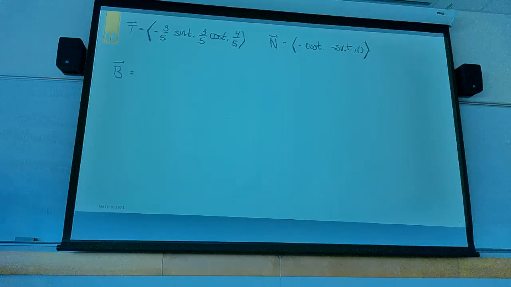Your binormal vector is the vector tangent to both of those. We define it to be T cross N. This one might take some work.